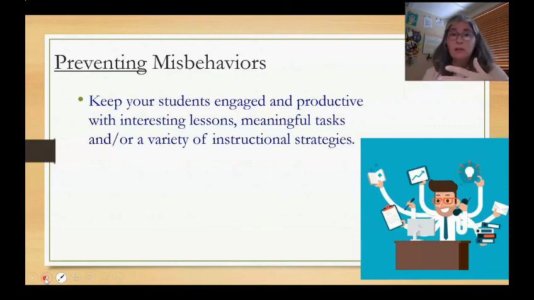They need to be mentally productive. When they're bored, they're more likely to misbehave. So if you keep your students engaged and productive with lessons that they find interesting and meaningful, they're more likely to stay on task and be well behaved. So the better your planning is, the more interesting your lessons are, the better behaved your students are going to be.